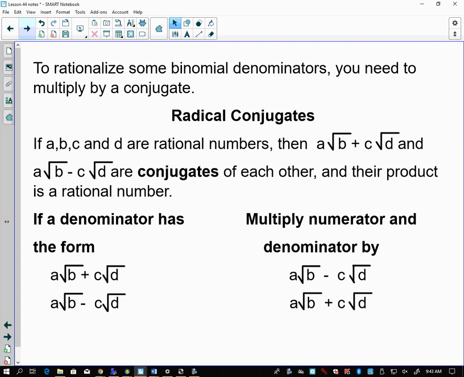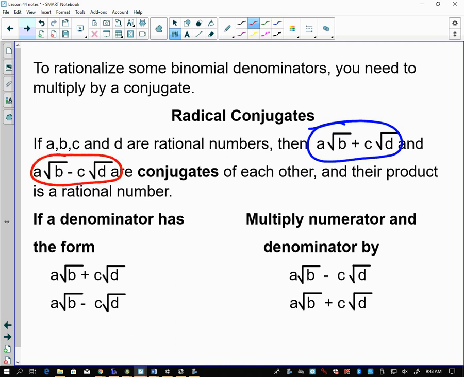What we are saying is that this right here, A square root of B plus C square root of D, and A square root of B minus C square root of D are conjugates. What's the only difference between those 2 things? The plus and the minus, okay? The plus and the minus.